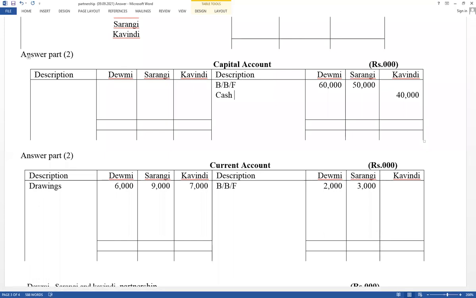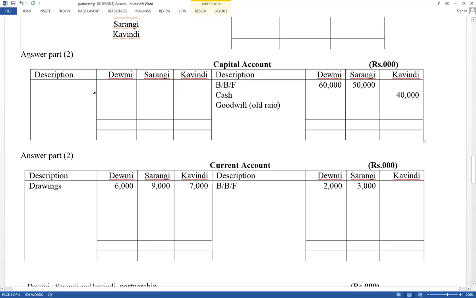At the same time, goodwill of the partnership should be adjusted. Always old ratio credit, new ratio debit through the partners' capital accounts. Therefore, as goodwill, old ratio credit.